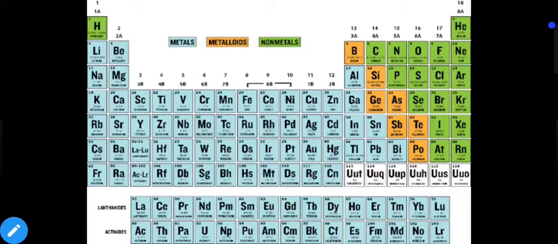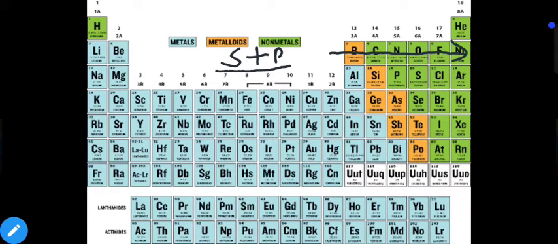The maximum oxidation state of these P block elements depends on the total number of electrons present in the outermost orbit. That means the total number of electrons in S plus P orbit. So obviously, as we move from left to right in P block elements, the total number of S and P electrons increases.